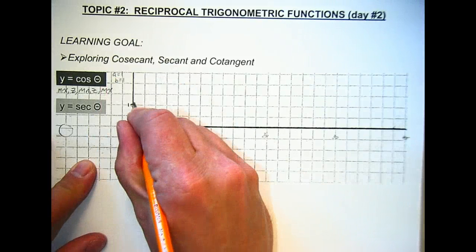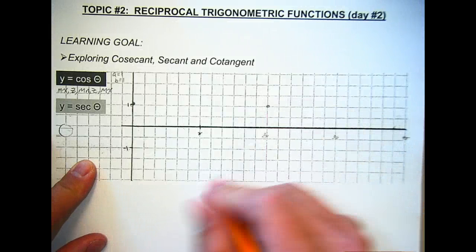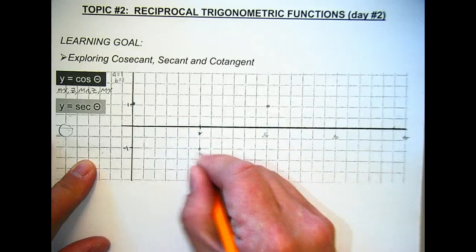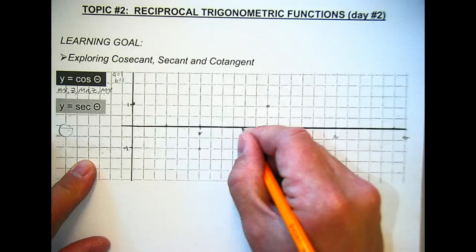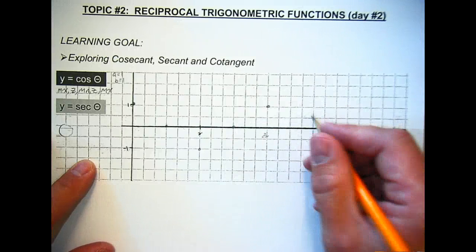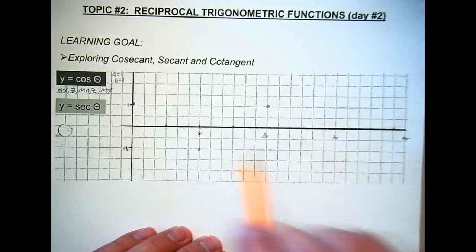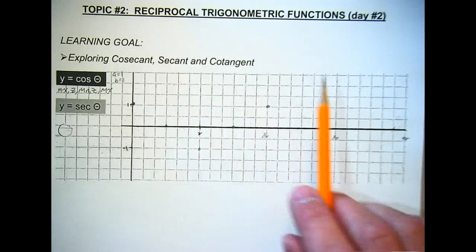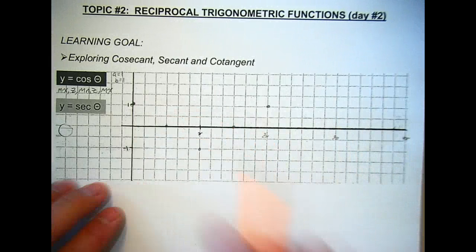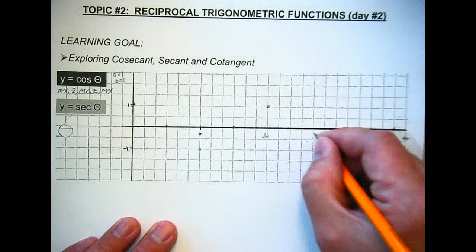So we start with a max, we'll end with a max, and in between we have a minimum. And then we have our zeros in between those. So there we've got it. And this time, I'm not going to go all the way out to 4 pi at the beginning. I'm just going to go out to 2 pi, and then I'll continue it from there. Okay? So on this, actually, you know what? Let me change that. Let me actually put it out there.